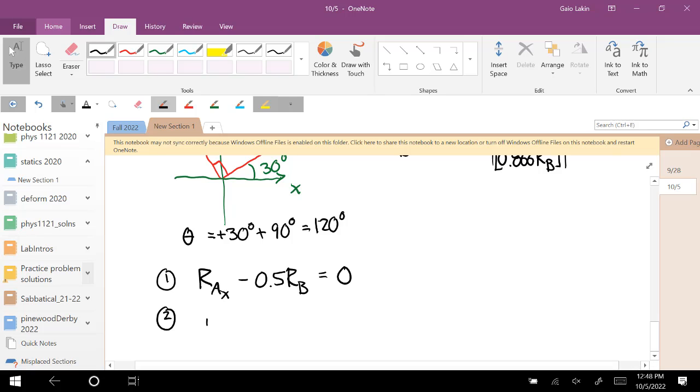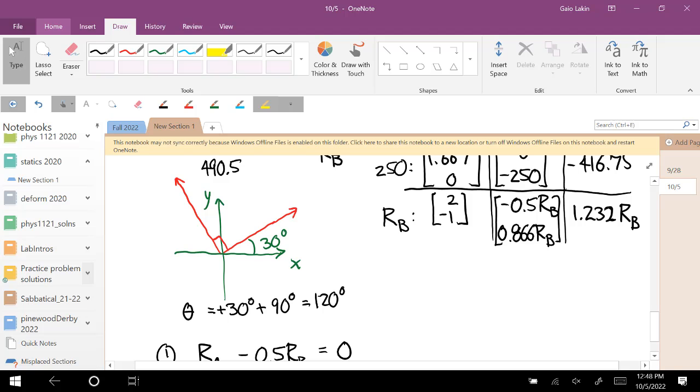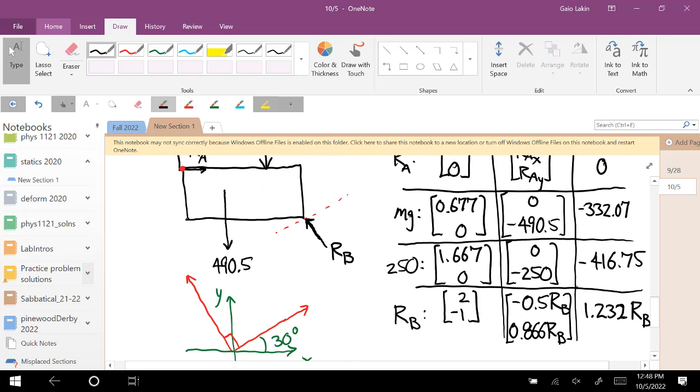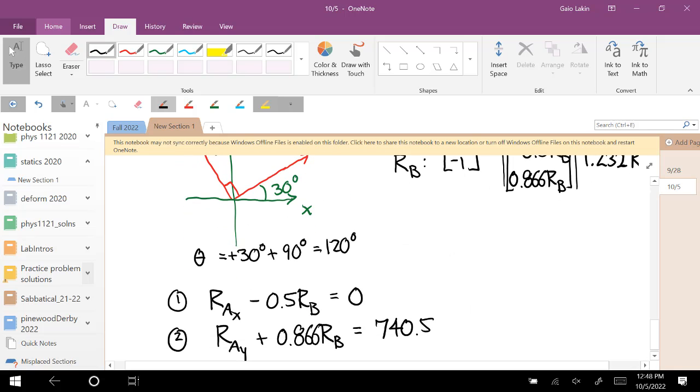So this one says RAY plus 0.866 RB is equal to positive 740.5. You have to remember you're moving that constant over to the other side, so that's why it's negative in here, but if you move it to the other side, it's positive.